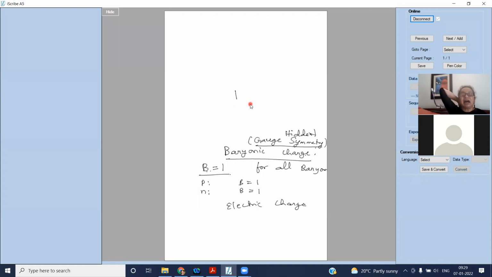Like that, I will say all baryons have baryonic charge +1. Under that, the proton has baryon number 1, the neutron has baryon number 1, or baryonic charge 1. Then I will say B is equal to -1 for antiproton and antineutron.